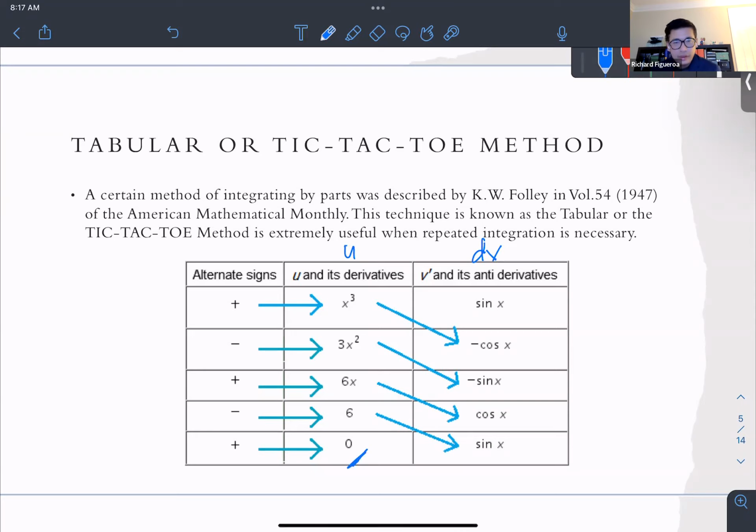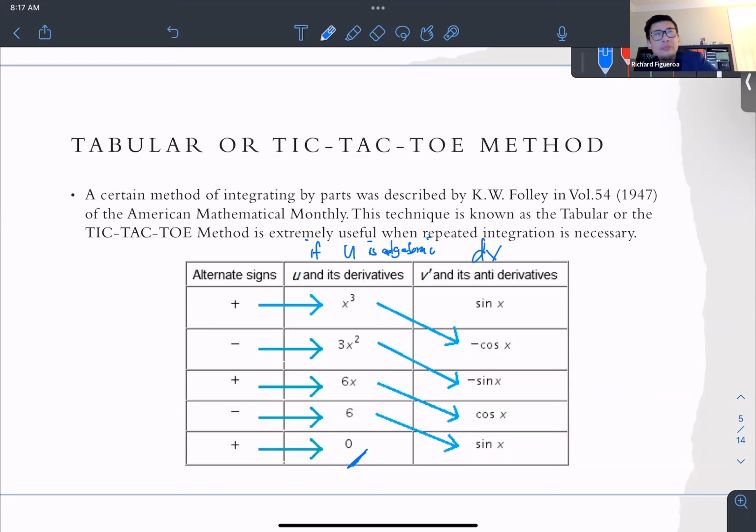So although this tabular method is applicable to many types of integrands, it will be most useful if u is algebraic. So if u is algebraic, we use the tabular method.